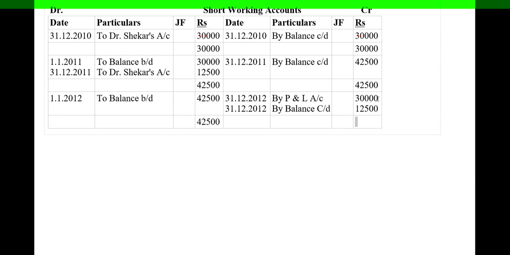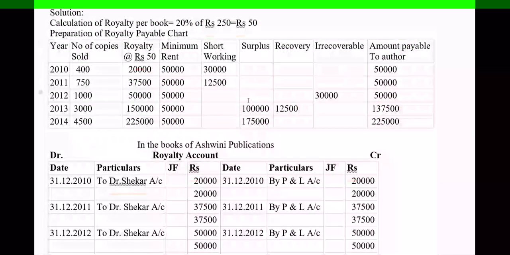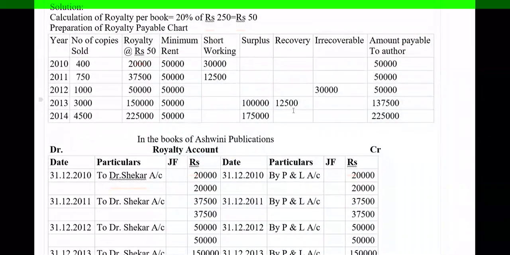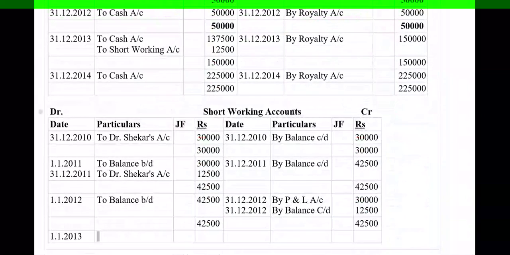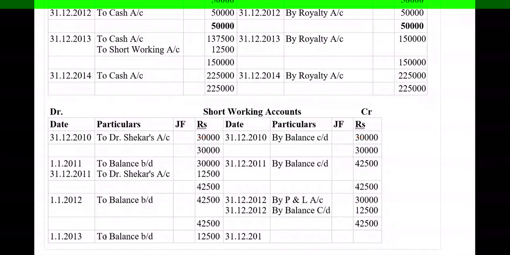So here also 42,500. So on 1/1/2013, now when you look into this chart here, in 2013 there is a surplus of 10,000, so there is a recovery of 12,500. So here let us write down to balance brought down, that is 12,500 on 31st 12 2013.